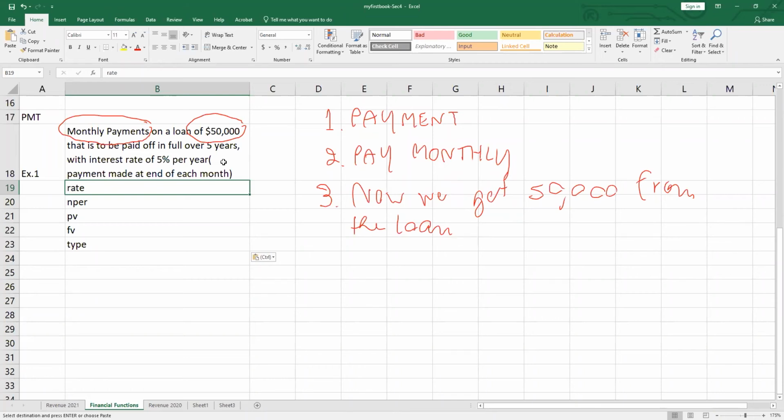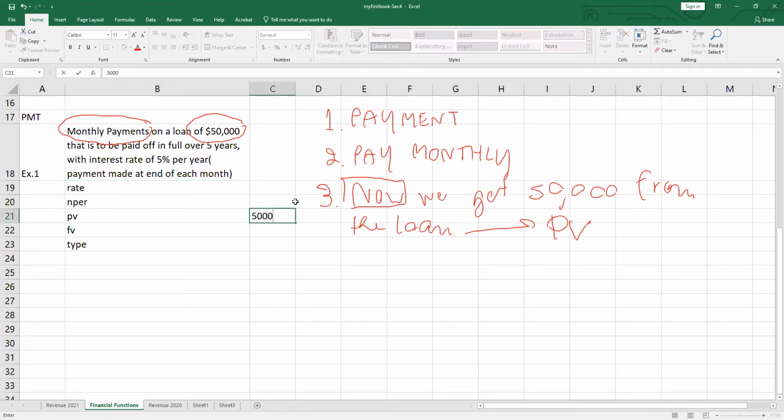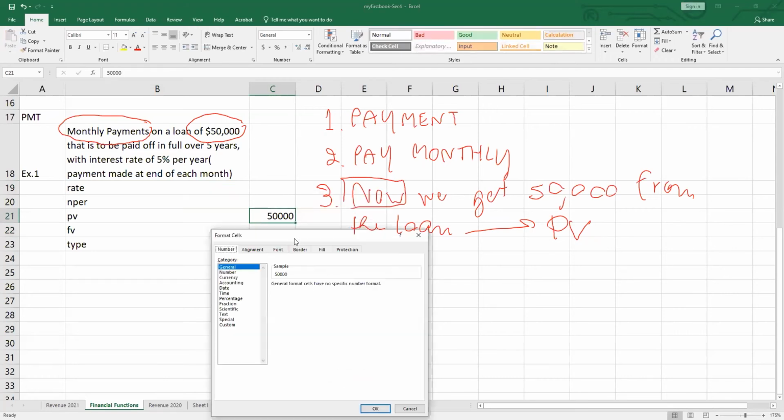That means on day one you have $50,000, because if the bank grants you this loan, you get that money. So if we say that now we get $50,000 from the loan, it is the present value, because we said that it's now. So in this one I will put 50,000 as the amount of present value.